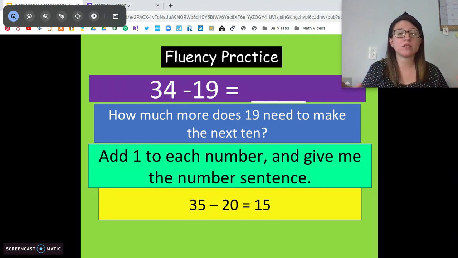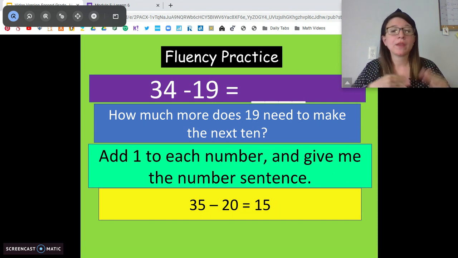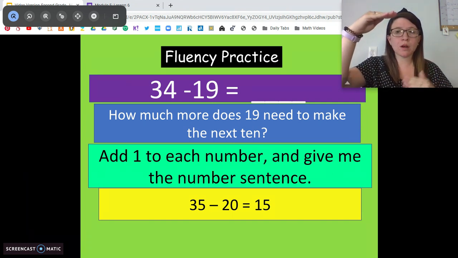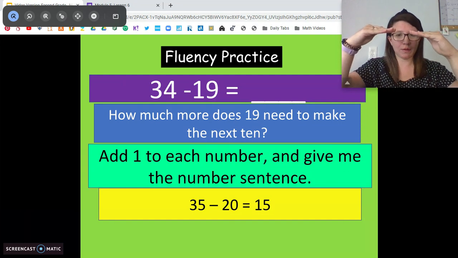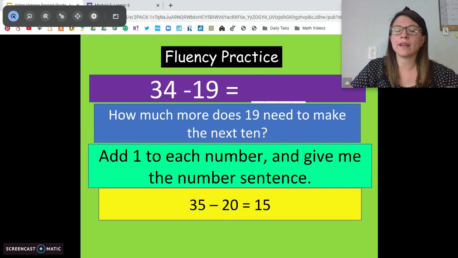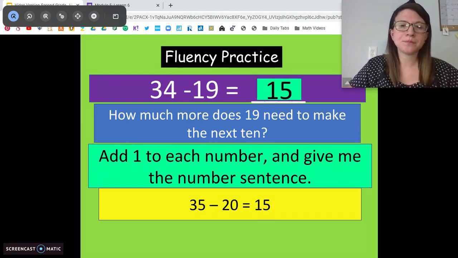Now 35 minus 20 in our brains is a whole lot easier to figure out than 34 minus 19. We're just getting to the next 10, but whatever we do to one number, we have to do to the other number. So that's how we get 35 minus 20. We're going to do the same thing when we get to the bigger numbers, and I'll show you how in a little bit.